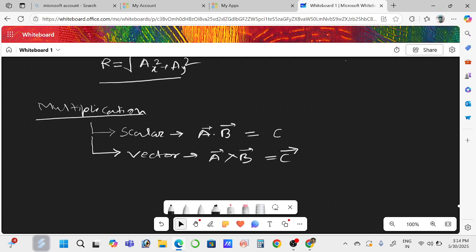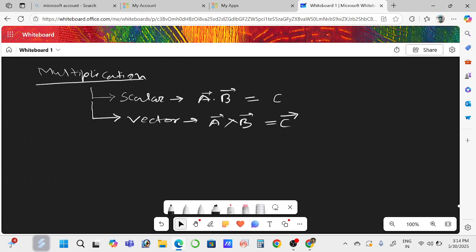I would like to discuss it very deeply because it is very important. So what is scalar multiplication? It is A dot B. Suppose this is A and this is B. They are acting at an angle theta.